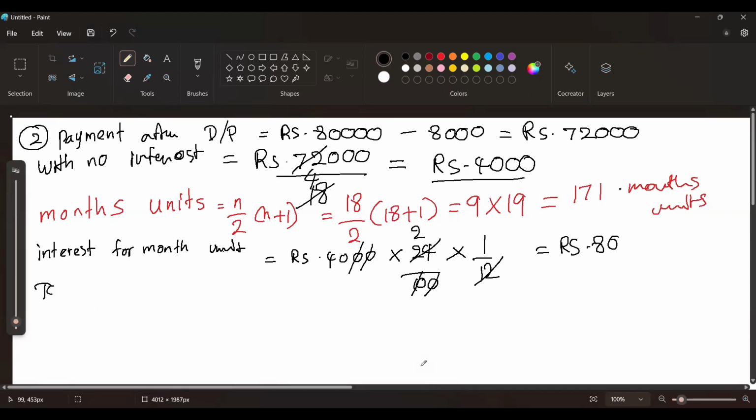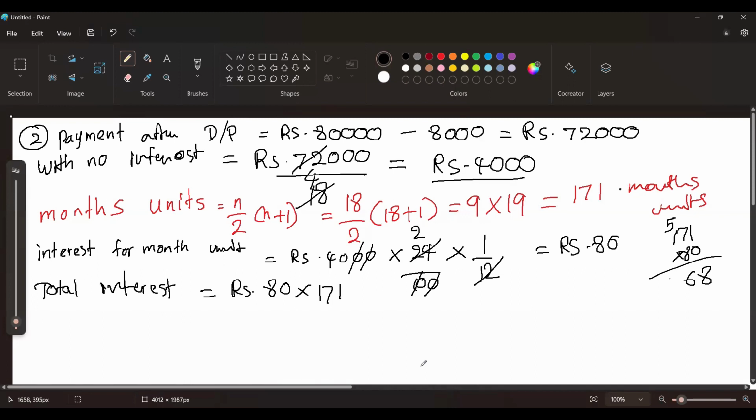So for the total interest, how many month units are there? This 80 should be multiplied by 171. Multiplying that gives 13,680 rupees. So what is the total cost?